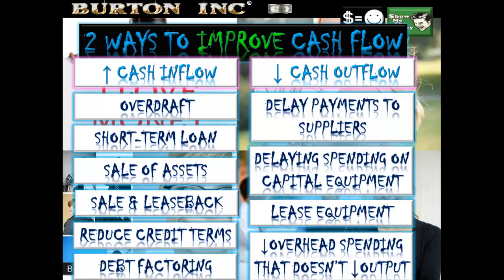Delay payments to suppliers, delay the spending on capital equipment, lease equipment instead of purchasing it, decrease overhead spending that doesn't decrease output. Another common IB business and management exam question here. So ways to improve cash flow, different ways to increase inflows, different ways to reduce cash outflows.